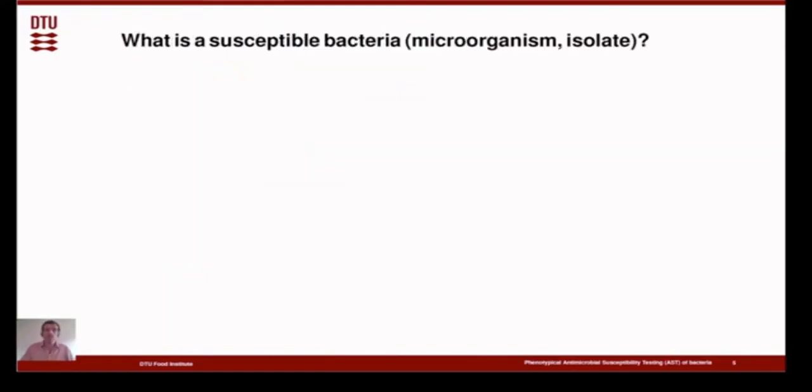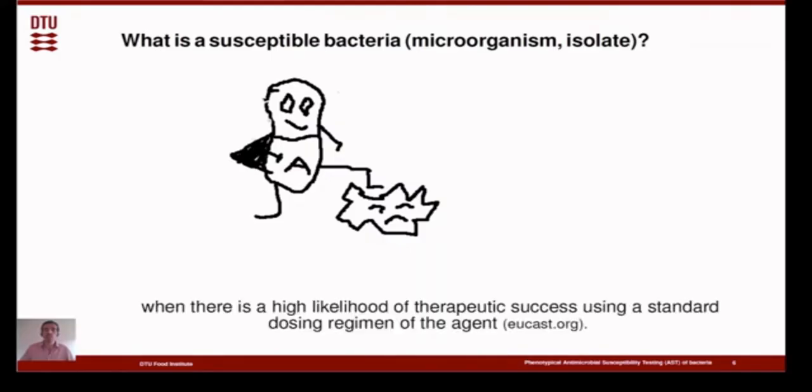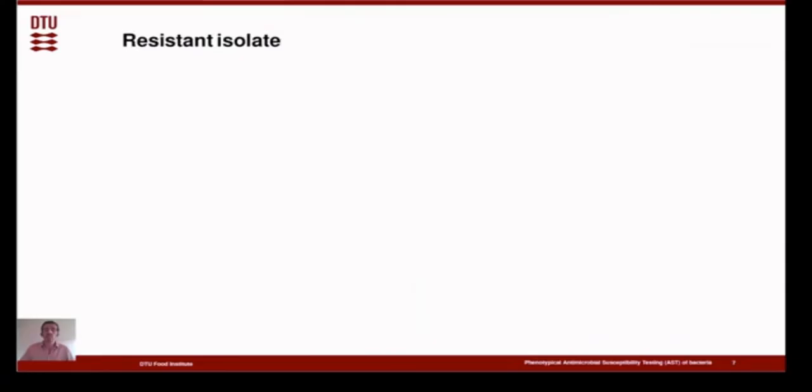So let's see what a susceptible isolate or microbe is. According to EUCAST, a susceptible isolate, bacteria or microorganism, is one for which there is a high likelihood of therapeutic success with a certain antibiotic. So here is the definition: a likelihood of high success. So what is a resistant isolate?